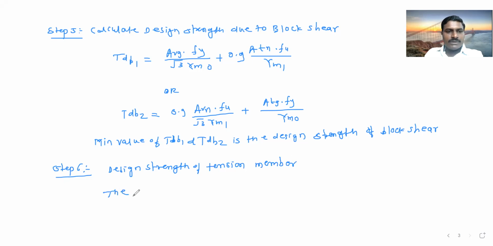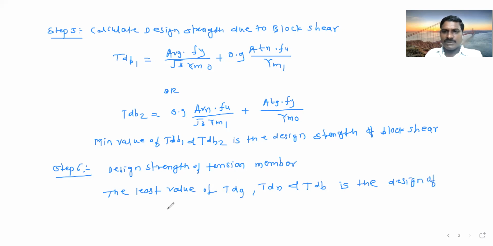So write down the least value of TDG, TDN and TDB is the design strength of tension member.